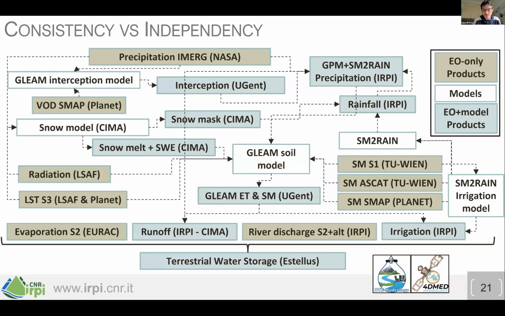So, for instance, if you look at GLEAM evaporation and CELMOST, basically these are more the results of a model integrating several satellite products than a satellite product itself. GLEAM is typically considered a satellite-based evaporation product, but it's probably mostly modeling. The same happens for snow melt, for interception, and other data sets. So again, the consistency of the data sets with respect to independence should be really checked.